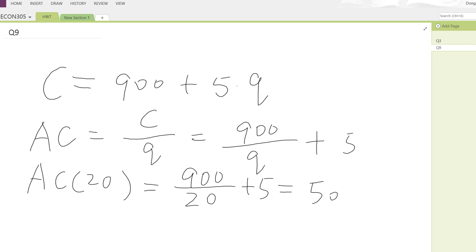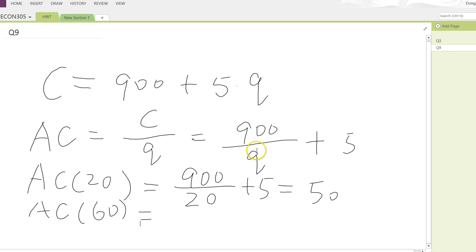So that's our first average cost when quantity is 20, and the second average cost is when quantity is 60. First, actually, we can see that based on the expression for average cost, because the quantity occurs in the denominator, the higher the denominator, the lower the value of this fraction, hence the lower the value of the average cost.